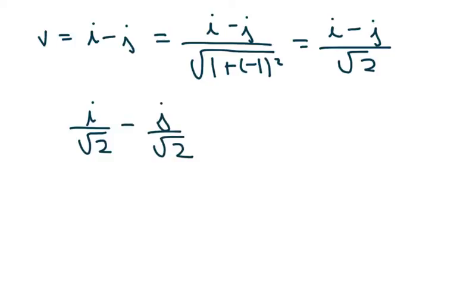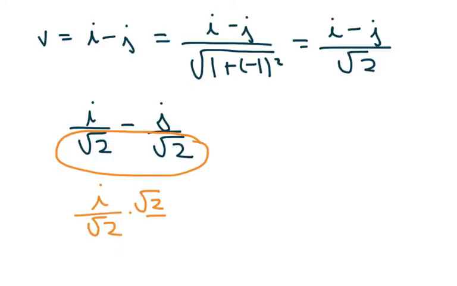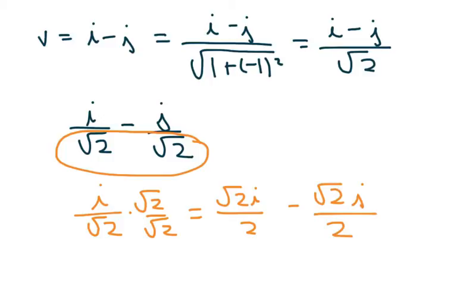We don't like radicals in the denominator, so I'm going to rationalize them: i over root 2 times root 2 over root 2 gives us square root of 2 i over 2, and the j component works the same way. You could also write it as square root of 2 over 2 i, minus square root of 2 over 2 j. It looks a little nicer that way.